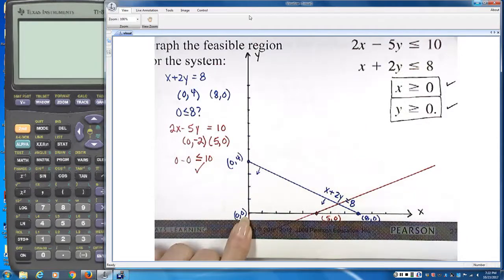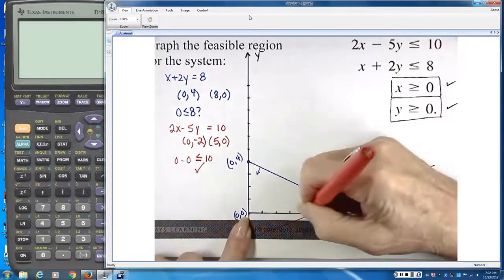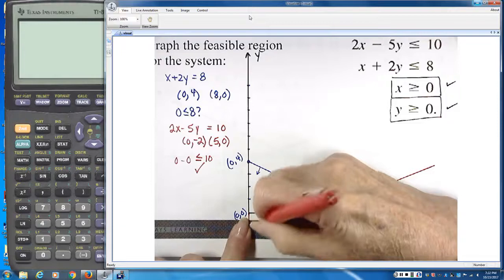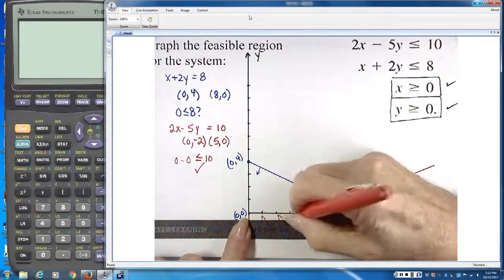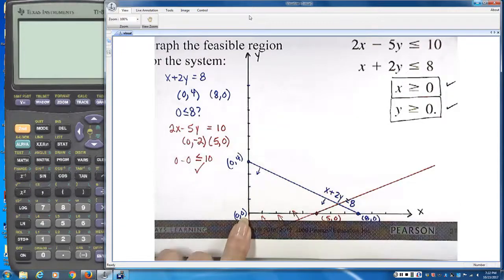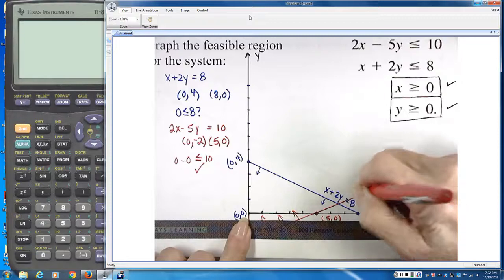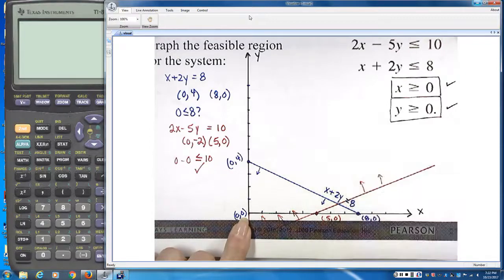Yes. So that means on the red line, I'm going to be shading that direction. I'm going to be shading above the line, not below it.